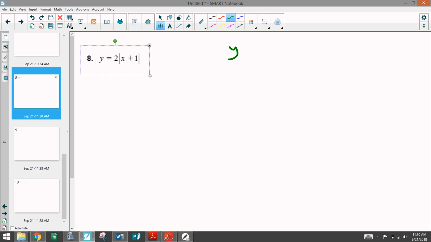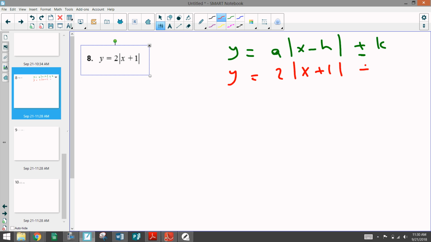I'm going to write the formula: y equals a times (x minus h) plus or minus k. In this case, we don't have anything. Now, y is equal to, I'm writing the graph itself here, 2(x plus 1) plus 0, right?